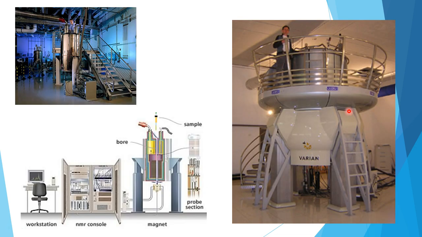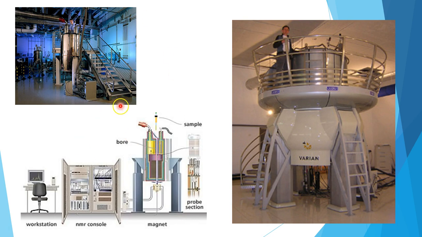This is just an idea of what some of the machines look like. The one that was on the front page here is a larger one, about 900 megahertz. Again, it's a fairly old machine. As we saw, these are getting quite small now. The technology is improving and we're seeing some miniaturization happening, meaning that these are getting smaller.